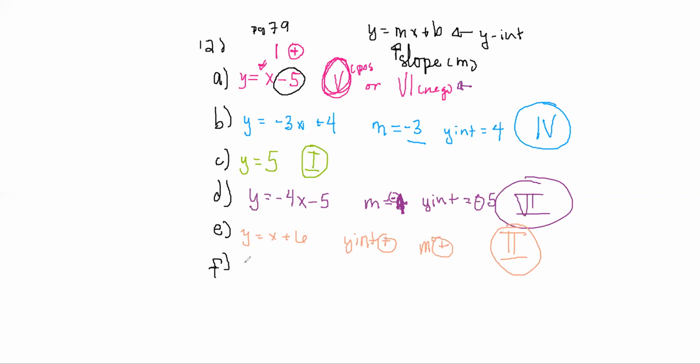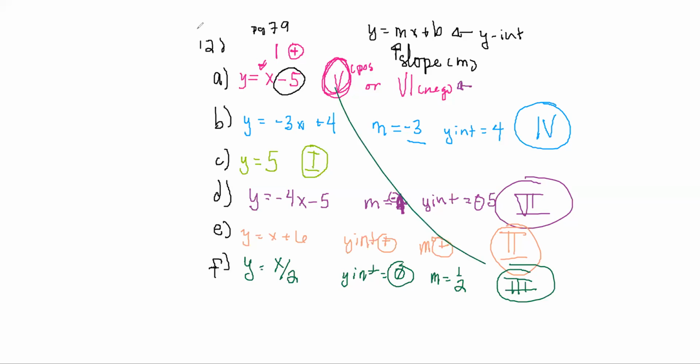And finally F, so my y-intercept is equal to 0, and my slope is equal to 1/2. So it won't be as steep, and it'll cross at 0, 0. So this will be 3.